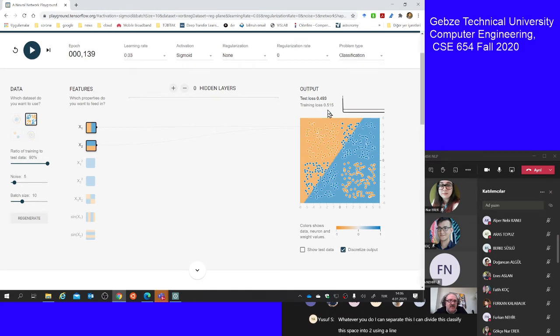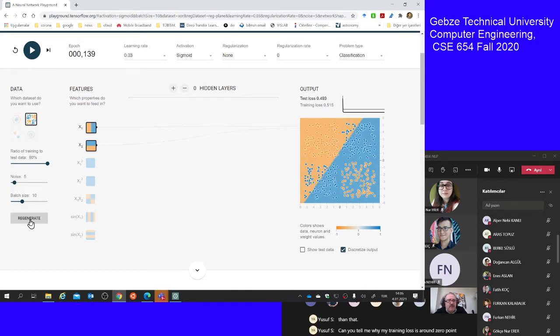As you see, my training loss is 0.5. Why is my training loss 0.5? I cannot get better than that. Can you tell me why my training loss is around 0.5? Whatever I do, it is around 0.5.